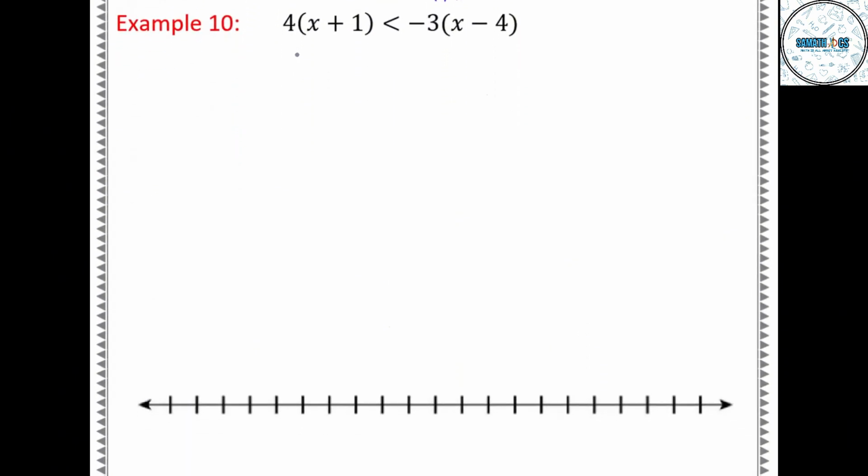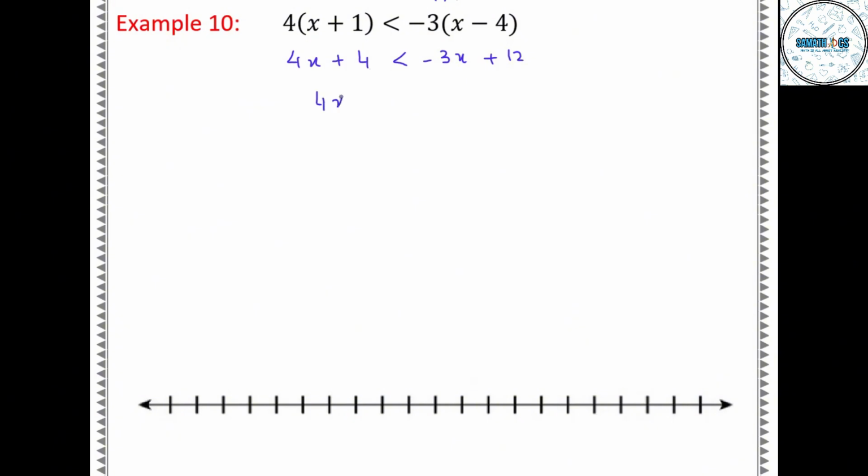Let's solve another example. First of all, we have to simplify the brackets. We have to expand these brackets. 4 multiplied by x is 4x, plus 4 multiplied by 1 is 4, less than minus 3x, minus 3 multiplied by minus 4 is plus 12. Then we will take this minus 3x on the other side.